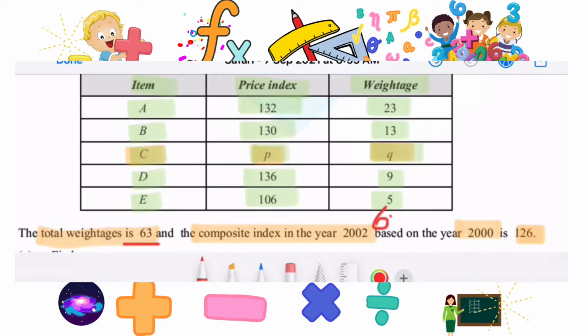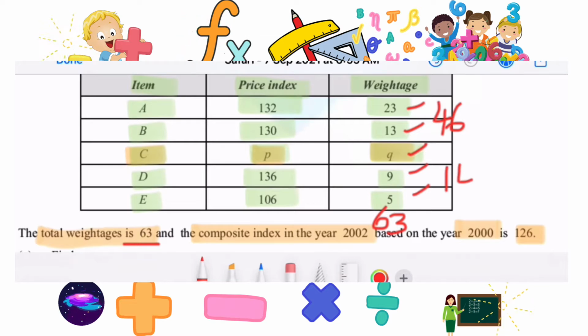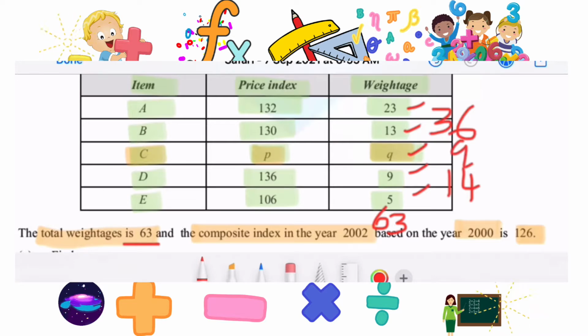So we are going to add up the weightages, plus Q. This is 36, sorry, again, this is 36. This is 14 plus Q, so it's 50, right?